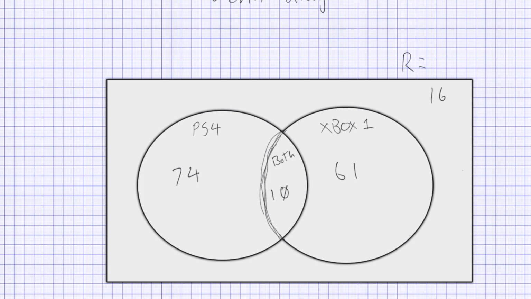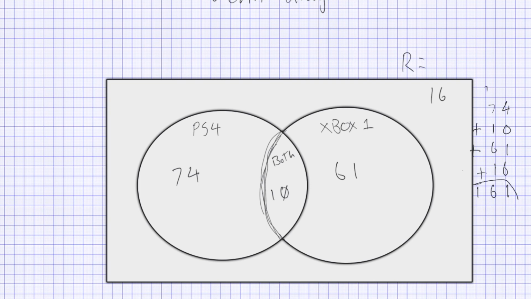So if we add them up, we've got 74 plus 10 plus 61 plus our 16 that were in neither. If we total all of this up: 4 plus 0 plus 1 plus 6 is 11, so we write 1 and carry 1; 1 plus 1 is 2, plus 7 is 9, plus 6 is 15, plus 1 is 16.